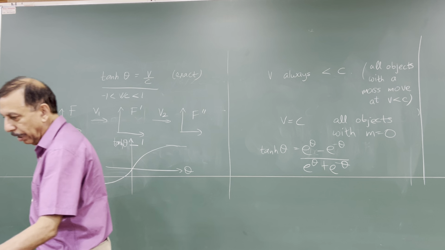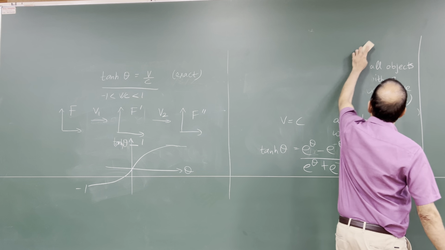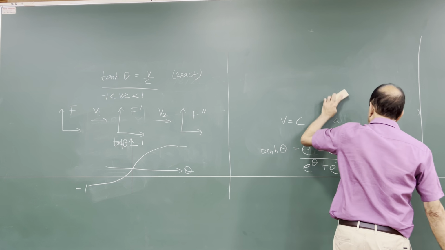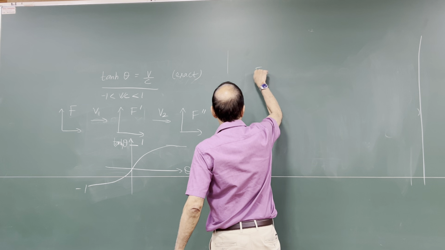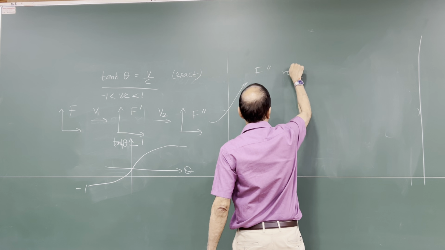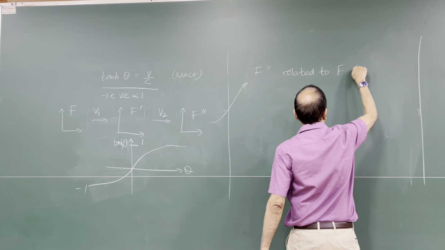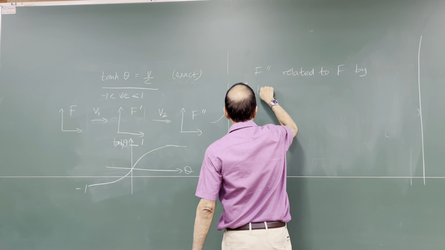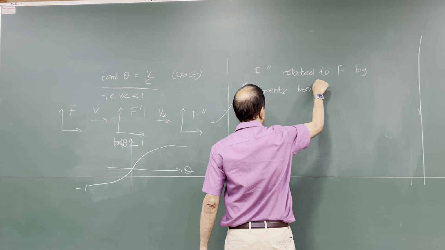Okay, and now one more thing which comes out, which I've left for you as an exercise, is to show that in this diagram, in this situation, F double prime is related to F by a Lorentz transformation. I'm going to call it a Lorentz boost.